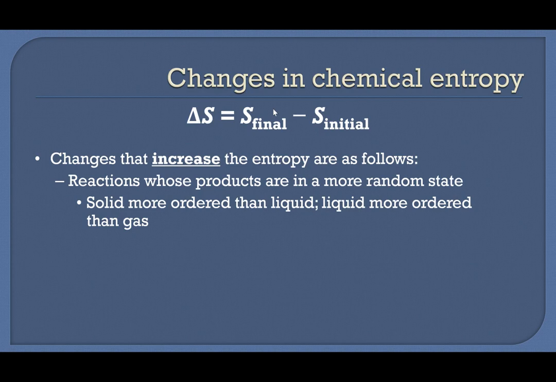So going from an ordered solid to a liquid would cause the entropy change to be positive. A solid is in a fixed location. Liquids are free to move relative to one another, so they slip and slide past one another. Where there is more opportunity for things to get messy, they will in fact get messy. So going from an ordered solid to a little bit more free liquid would cause an increase in entropy.